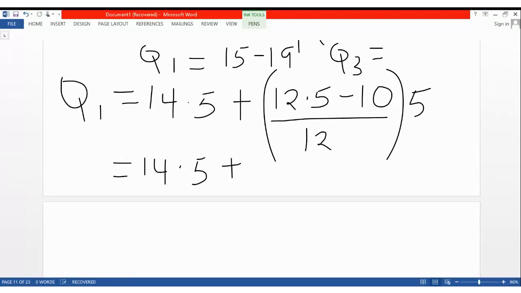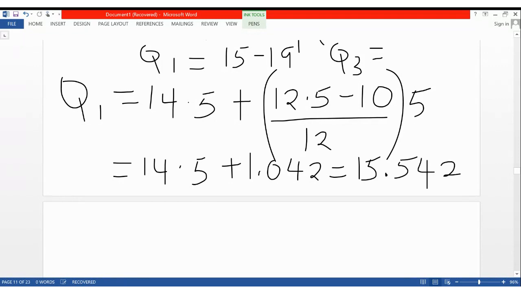It's correct. 1.042. And then plus 14.5. We're getting 15.542. That is the Q1. So go back again now. You see where our Q3 is falling.